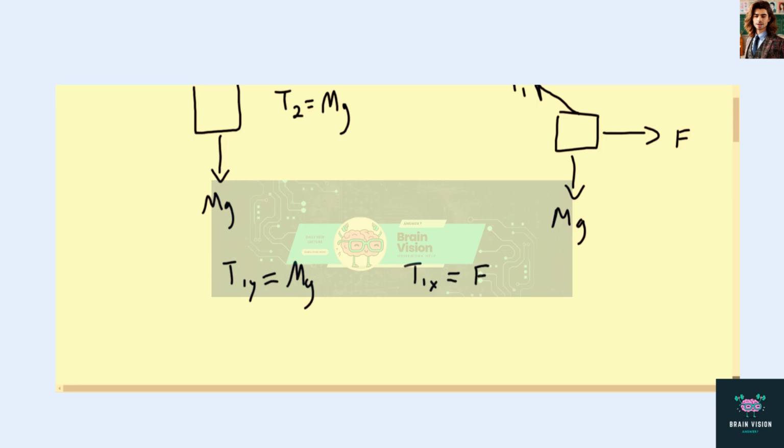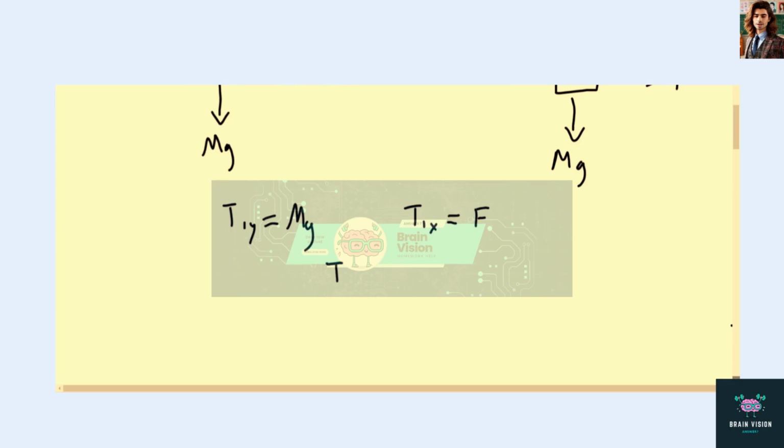Which is really great because now we know what both components are equal to, and we know the value of the full T1 vector, so we can use that to solve for f. So using the Pythagorean theorem, we can say that T1 squared is equal to T1y squared plus T1x squared.